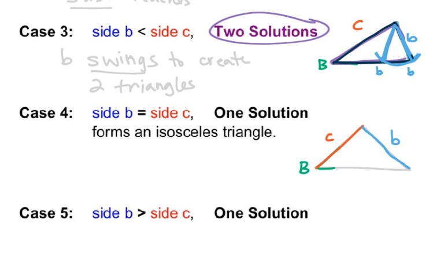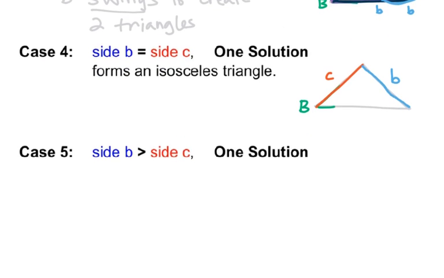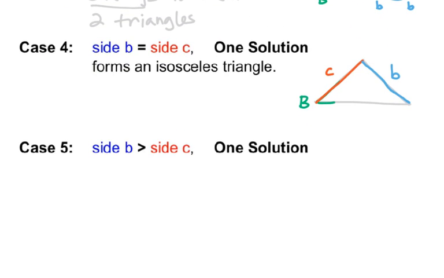So it only forms one triangle, and that would be an isosceles triangle. Case 5 is one solution.